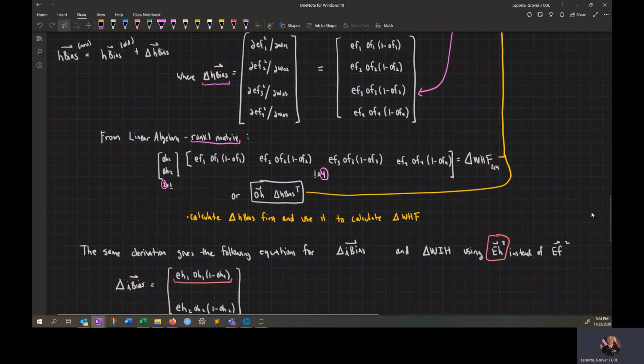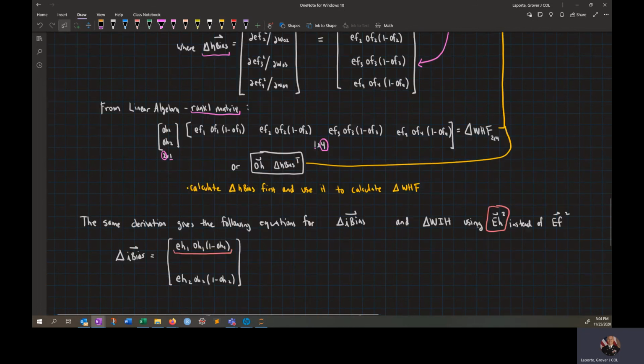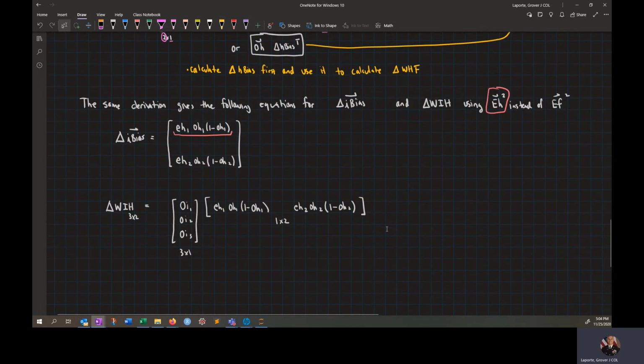Instead of EF1, this is now EH1, and instead of OF1, it's OH1, and 1 minus OH1, so you can kind of see what's going on there. Then do the same thing with WIH. Instead of these being OHs, they're obviously OIs, and you do the same business with the rank 1 matrix. You would get a 3 by 2, which is exactly what we need for WIH to work.